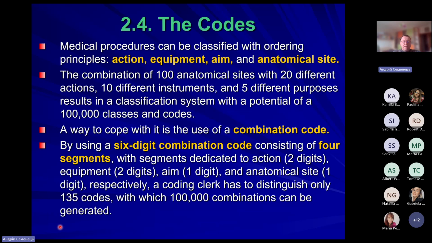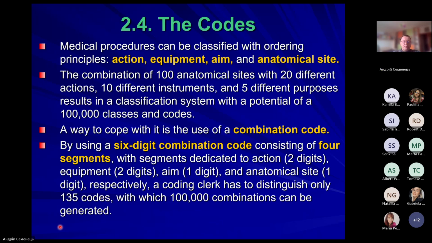Okay, speaking about how we can encode medical procedures, here is an interesting example. Let's say we consider the ordering principle as action, equipment, aim, and site. Combination: 100 sites, 20 actions, 10 instruments, 5 purposes. The result is a classification system with a potential of 100,000 classes of codes.